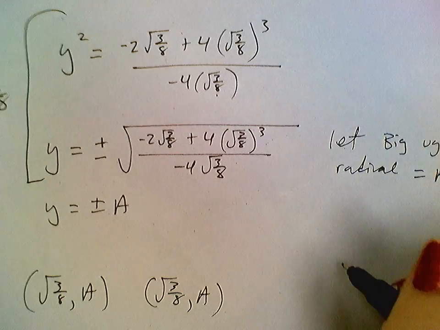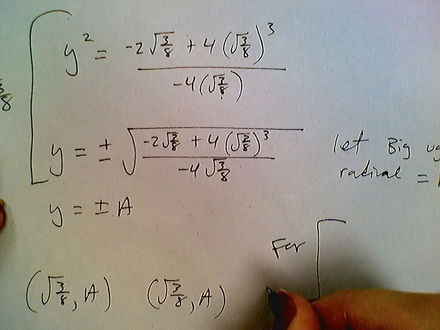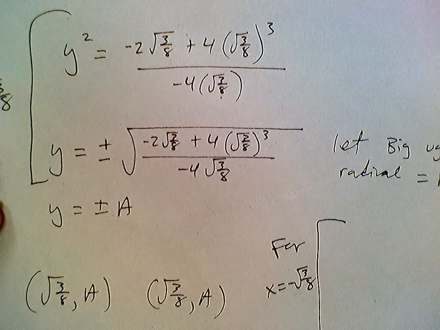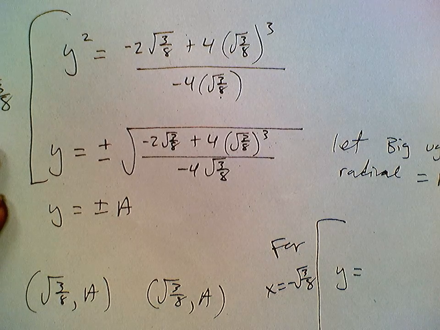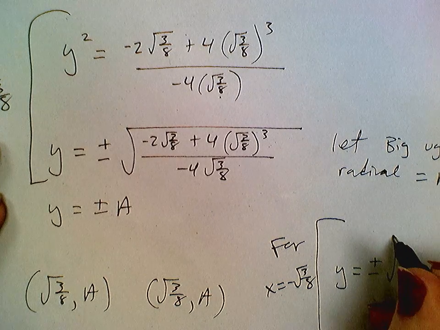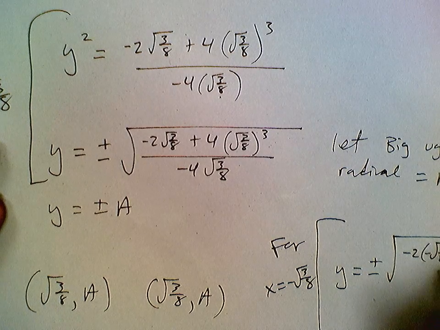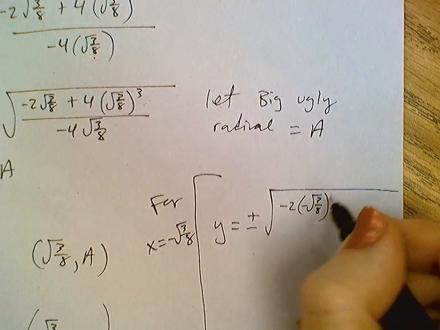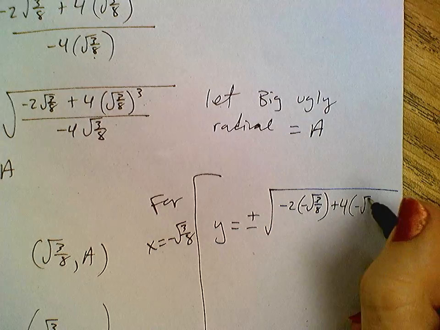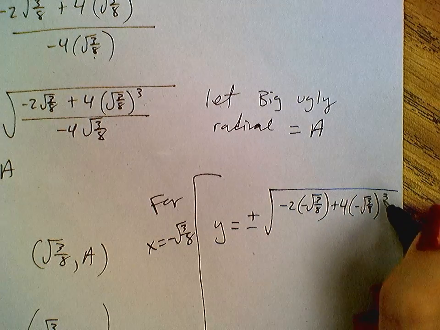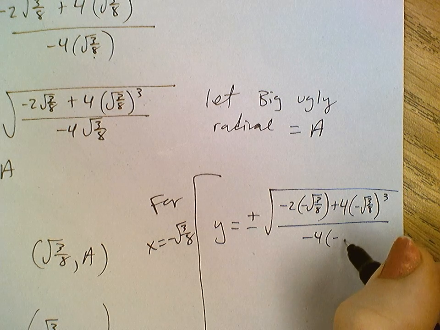And then over here, for x equals negative radical 3/8, y equals plus or minus the radical of negative 2 times negative radical 3/8 plus 4 times negative radical 3/8 to the third over negative 4 times negative radical 3/8.